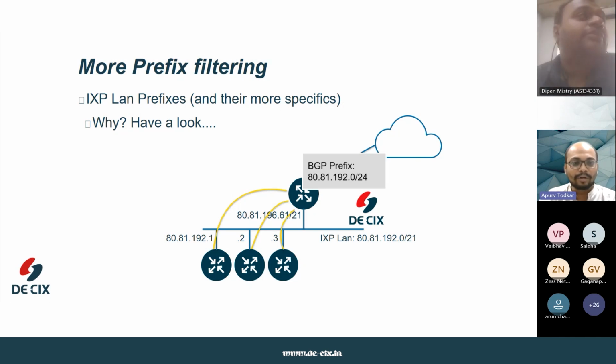So to avoid this, you should filter out the IXP LAN prefixes being accepted via your other BGP sessions, via your upstreams or your directly connected neighbors also. This will ensure that your router doesn't mistakenly reroute the traffic and disrupt the BGP sessions.